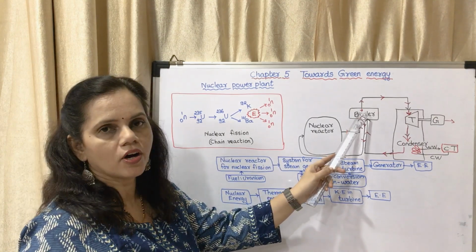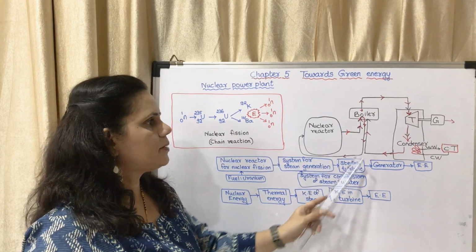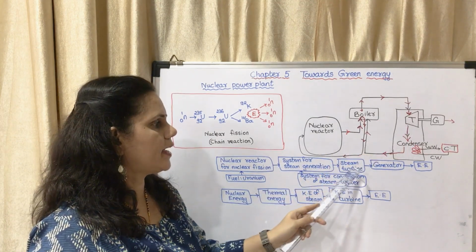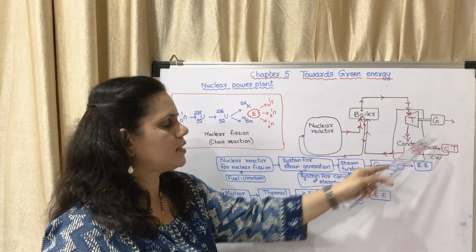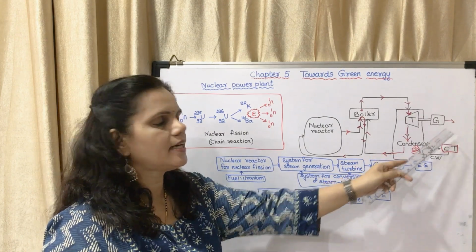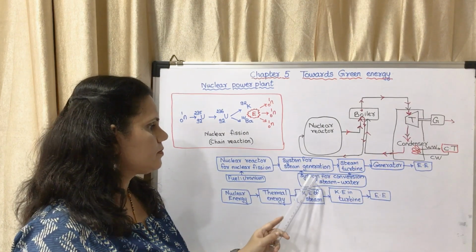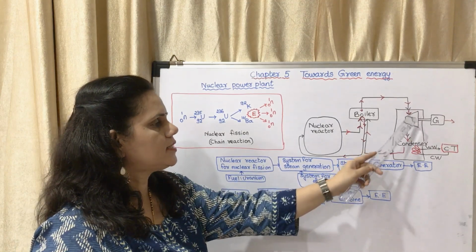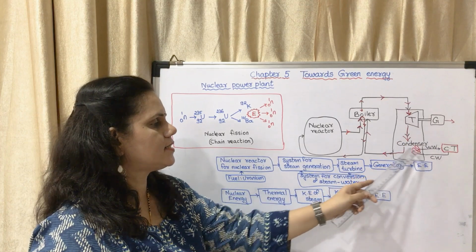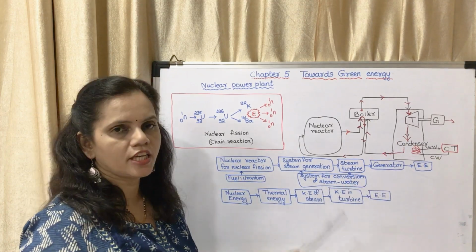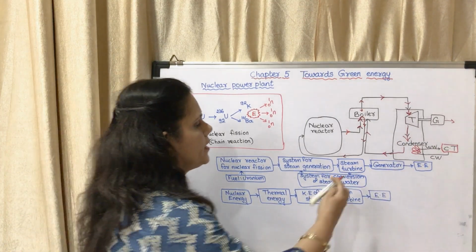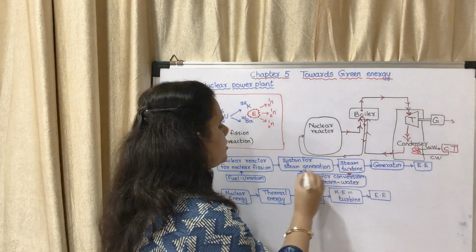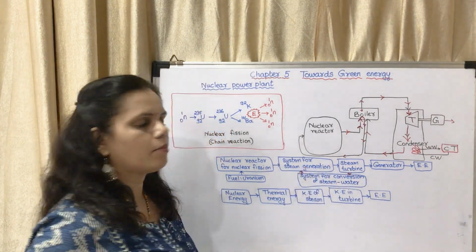This is the system for steam generation. Steam turbine, this is the steam turbine which is connected to the generator. The generator generates electricity. There is a system for conversion of steam to water. This is the condenser. The condenser is the system for conversion of steam to water. Okay, it is connected to the steam turbine and to the boiler.